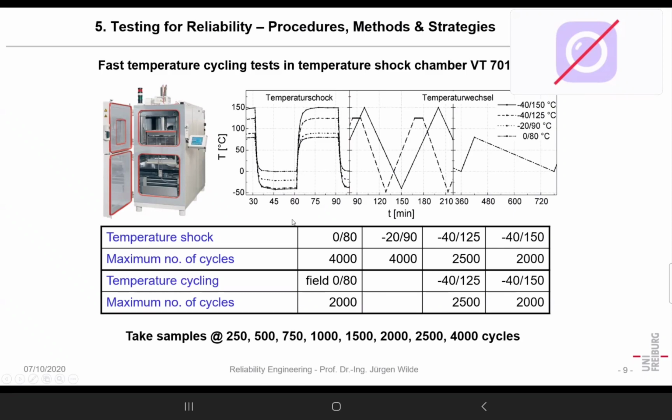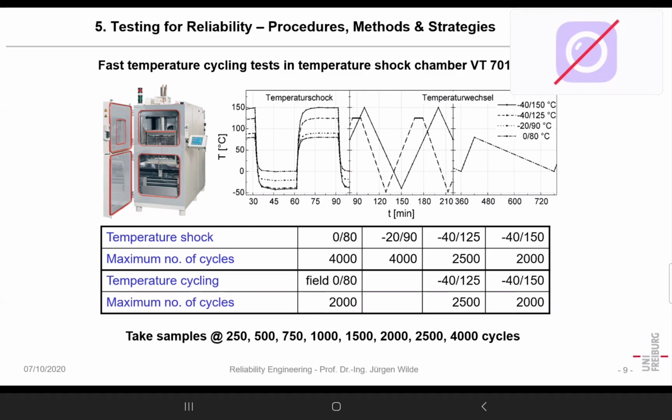That means we go into a chamber, and in that chamber we have a hot area and a cold area. It's like mounting an oven on a fridge. The part is in an elevator, moving from one area to the other, and that machine has a strong ventilation, so there's a very fast exchange of temperature in the devices.